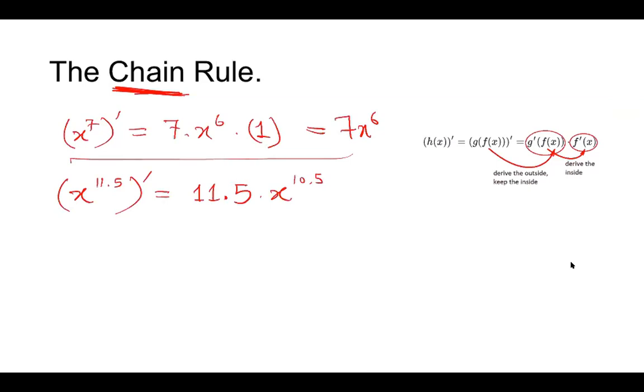But I will not stop here. I have to continue until I reach the inside function. In this case, again, the inside function is x. And what's the derivative of x? Remember, d over dx of x is 1. So the inside function is x, and the derivative of x is 1. I'm going to multiply this by 1.